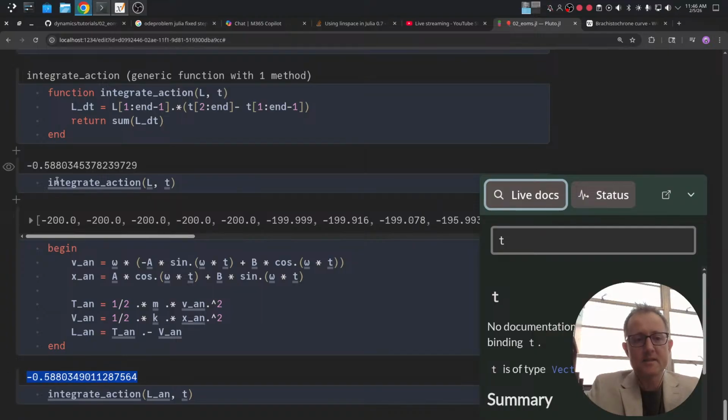Is this the actual minimum action that we can have? It's negative 0.6, and here it's a difference in joules, right? Or joule seconds, because it's joules times delta t. So 0.6 joule seconds is the minimum amount of action that we can have here.